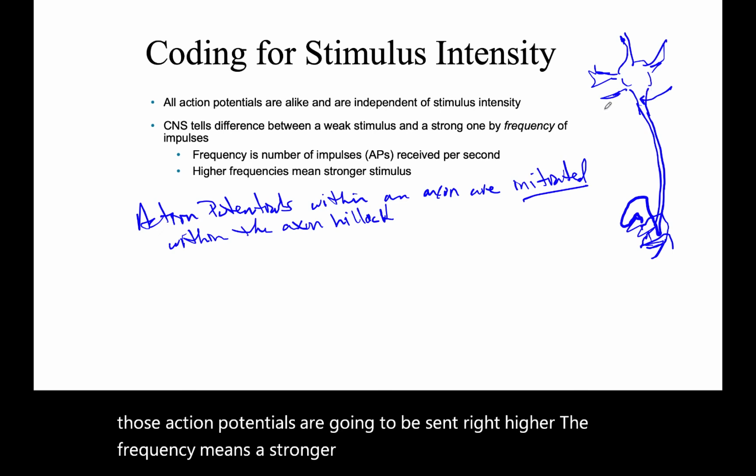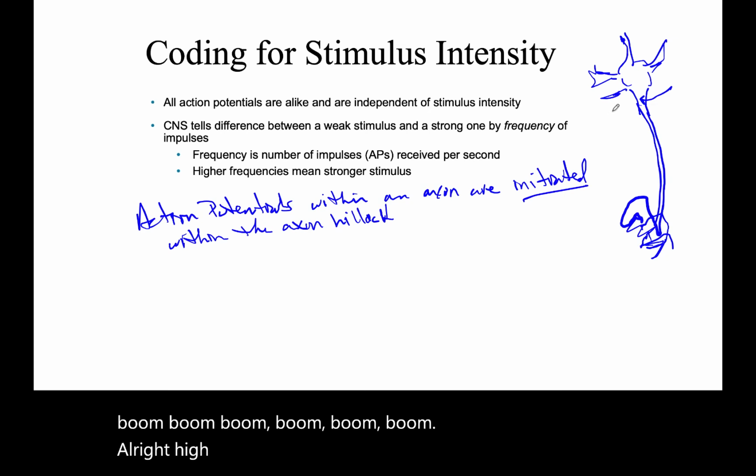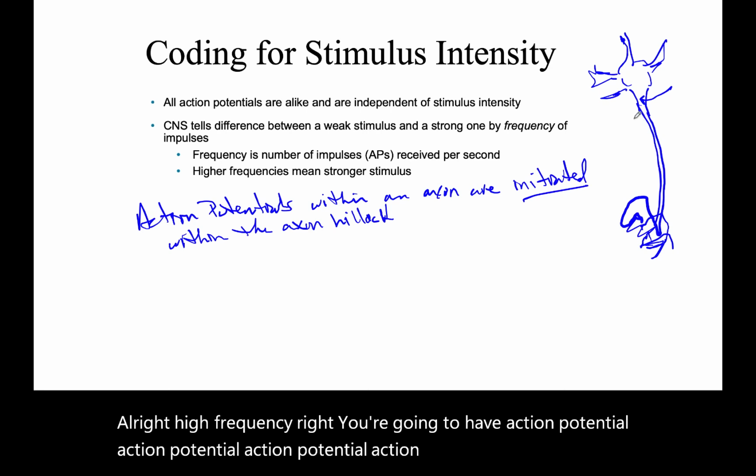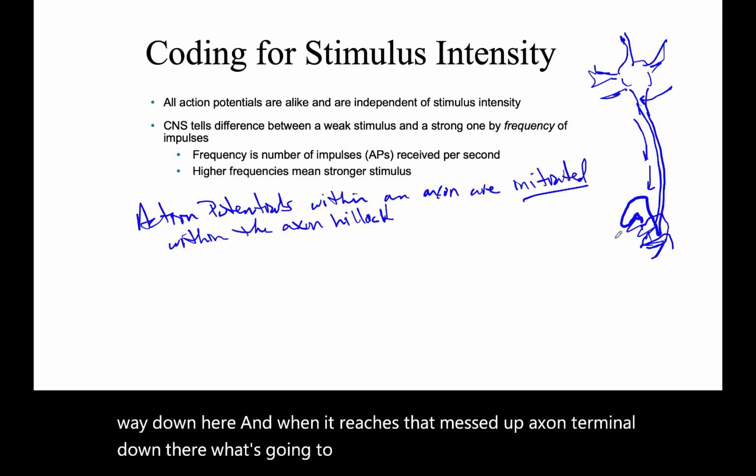So in other words, we're hitting boom, boom, boom, boom, boom. High frequency. You're going to have action potential, action potential, action potential, traveling all the way down here. And when it reaches that axon terminal down there, all of these neurotransmitters are going to be released.